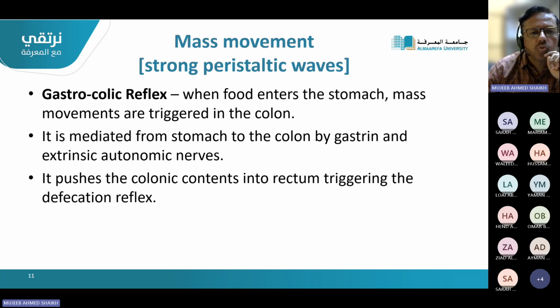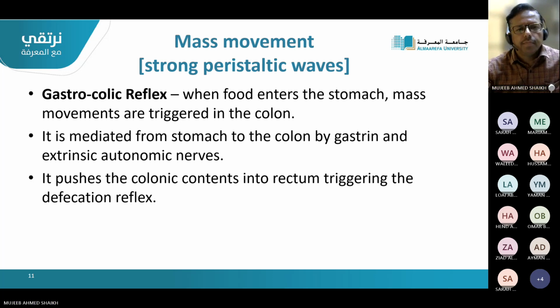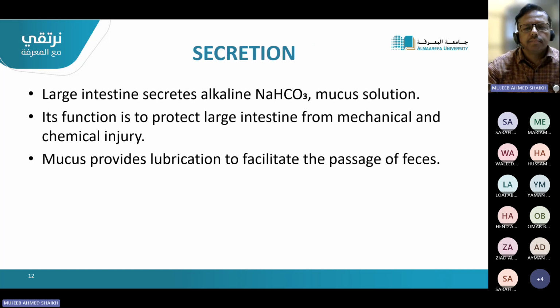This gastrocolic reflex usually occurs 3 to 4 times per day. When you eat, you feel as if there is a stretching of the rectum, which is nothing but due to some contractions. It is not the same food entering into the rectum. This is called the gastrocolic reflex.